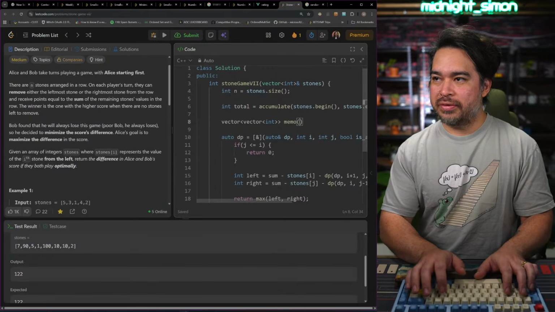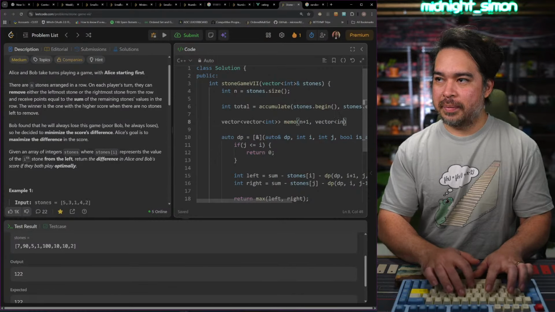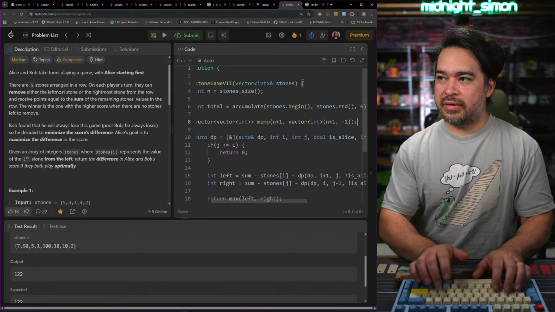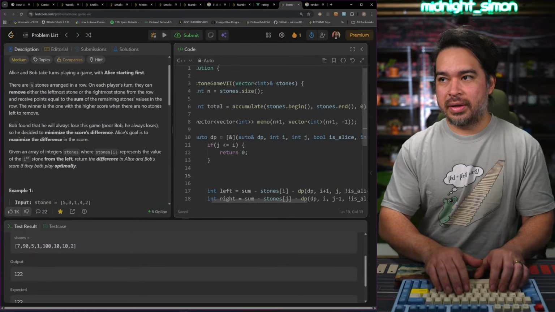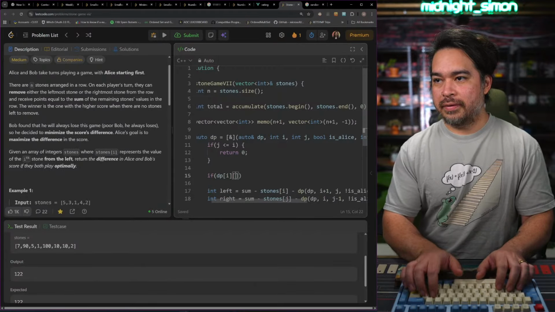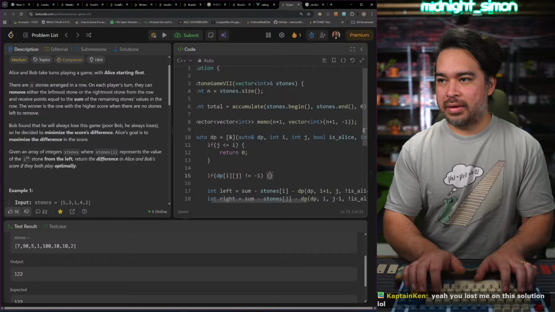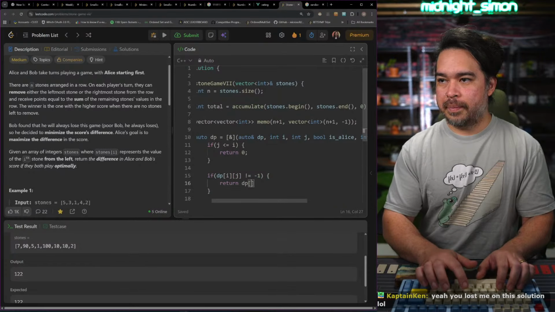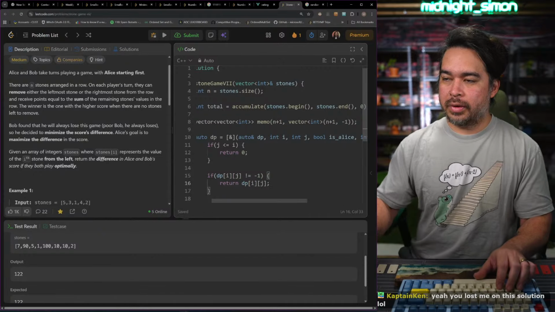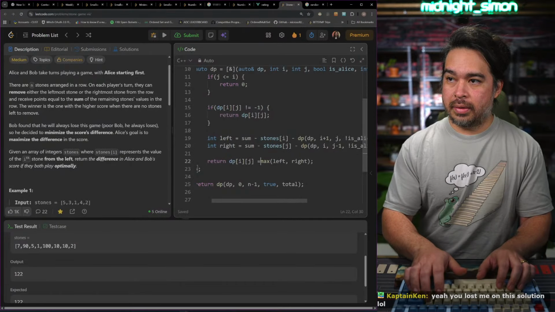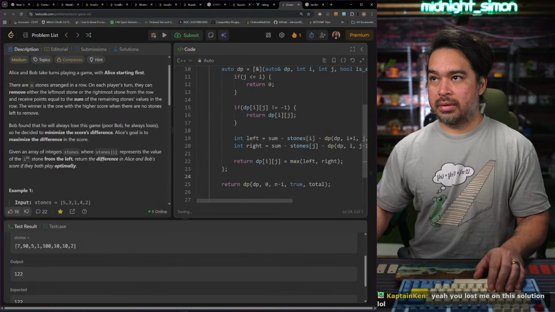Should I do +1 for good luck? Fill it with -1s. I will say if dp[i][j], if we've seen this, otherwise, let's see.